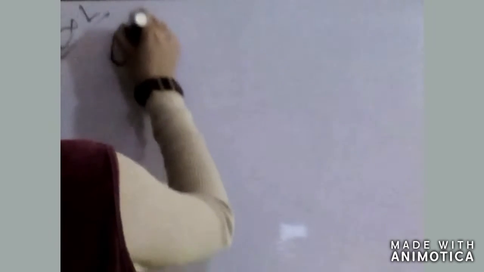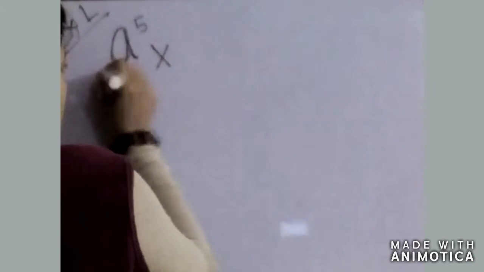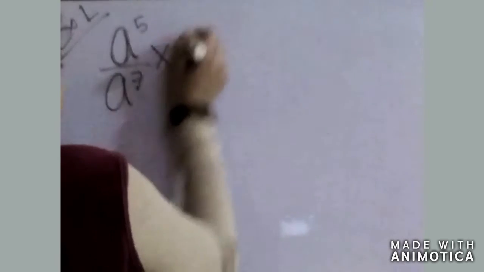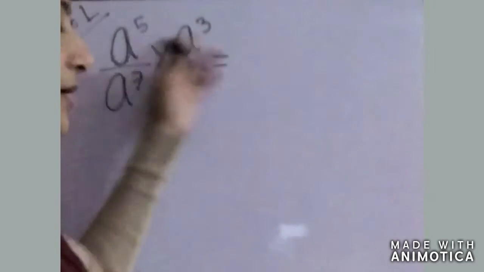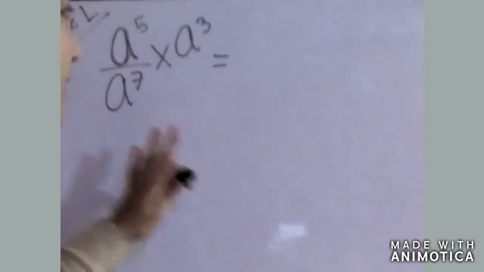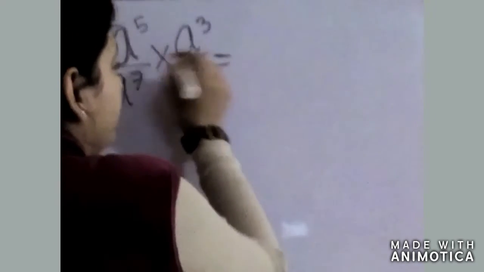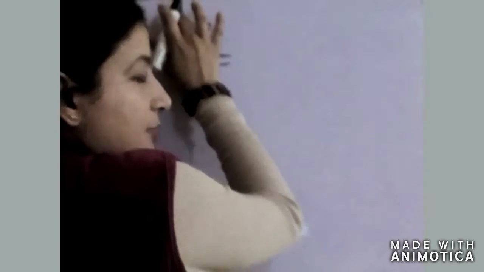Now the first example, example number 1: a to the power 5 into a to the power 3, in the denominator a to the power 7. As all of our bases are the same, everywhere the base is the same. Now a to the power 5 is in the numerator, a to the power 3 is also in the numerator.